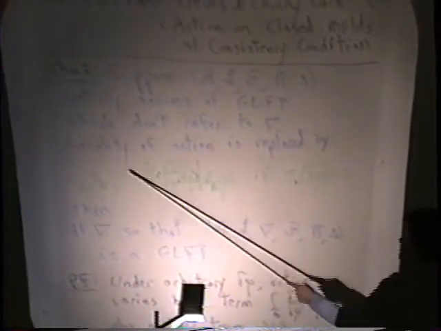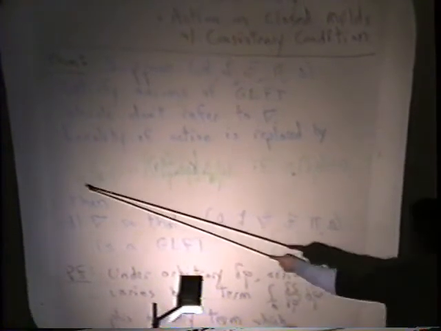Then we have to replace the locality of the action by this statement that instead of using a covariant derivative, we should use an ordinary variation. And we'll do an ordinary variation that doesn't move the boundary data, so it's not changing which line of the line bundle you're in. So you can just use an ordinary derivative.